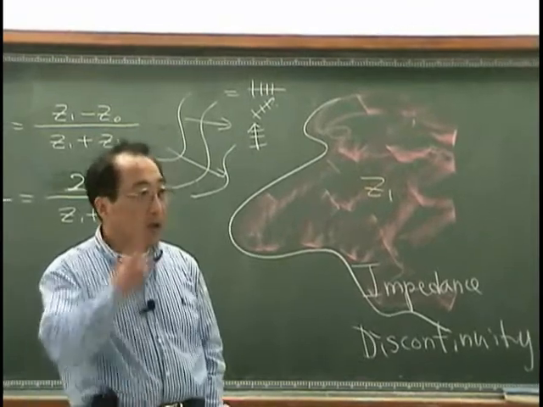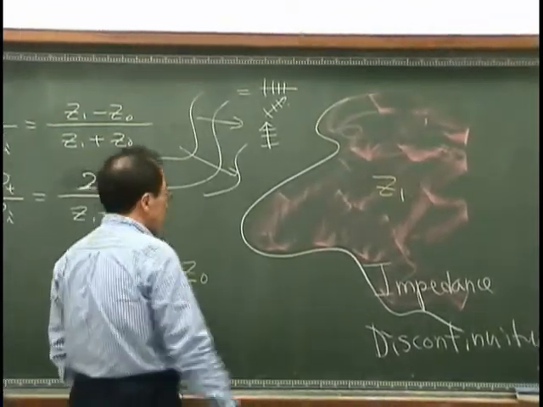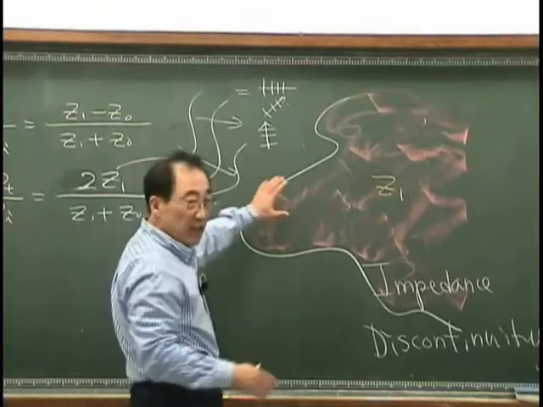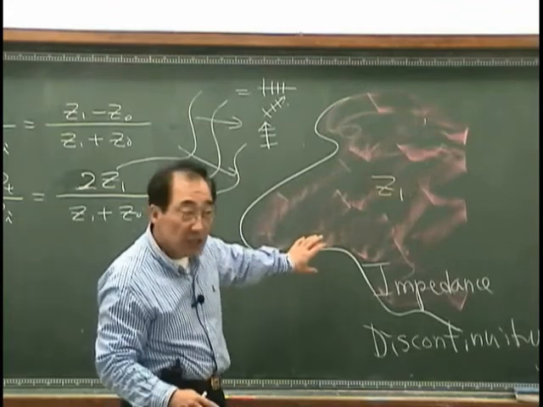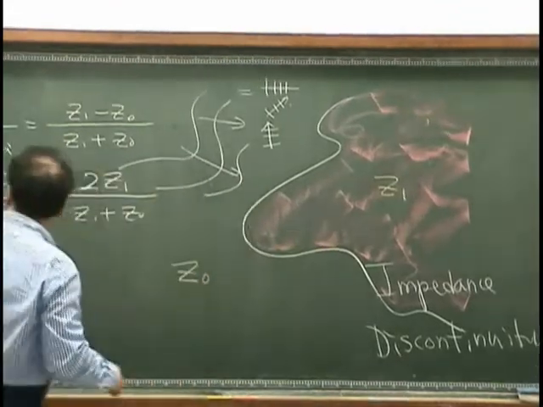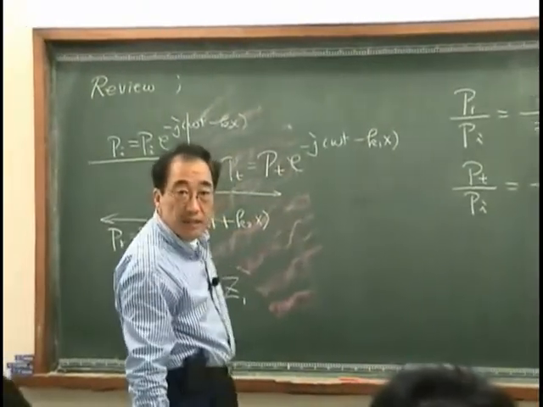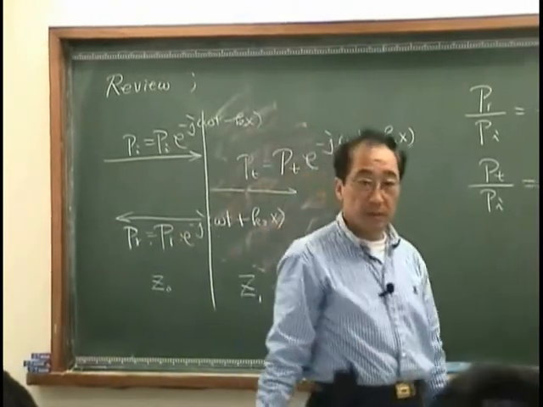Okay. First, what we can assume is the wavelength we are considering is much larger than the typical irregularity of the discontinuity. Then we can assume this kind of discontinuity like this. Do you think that is possible?